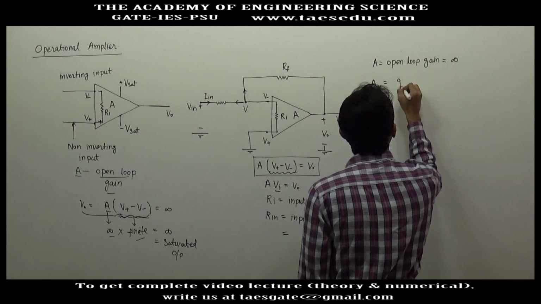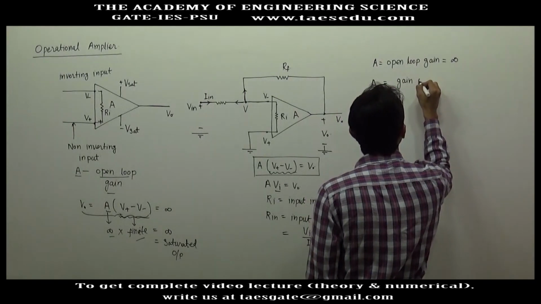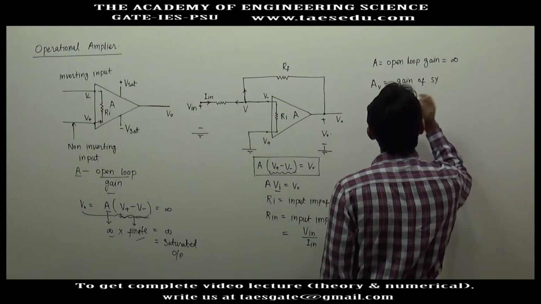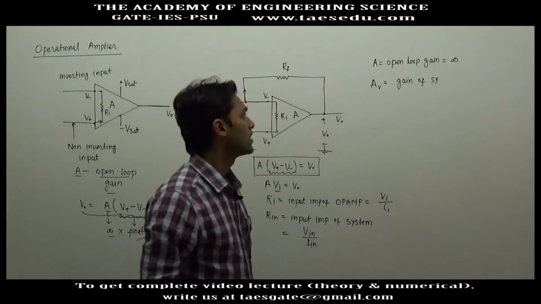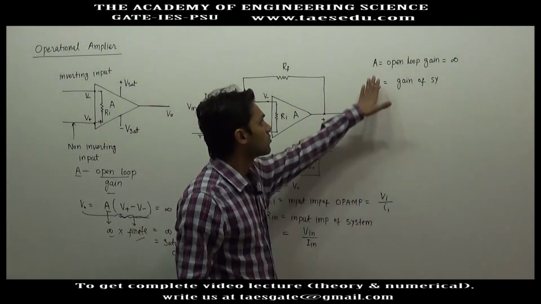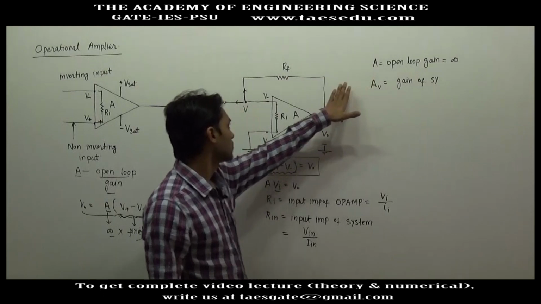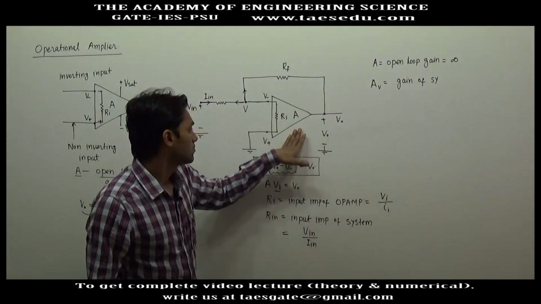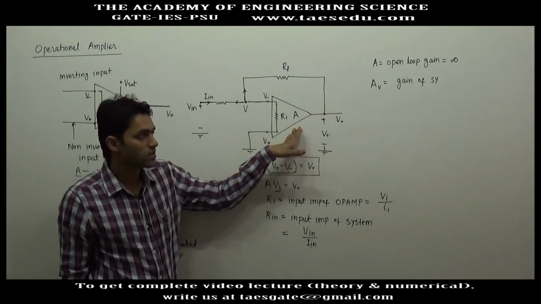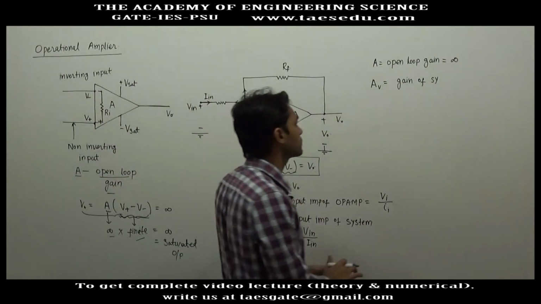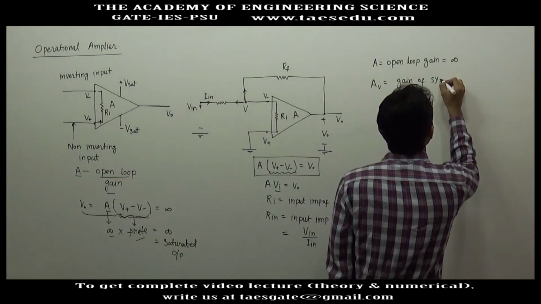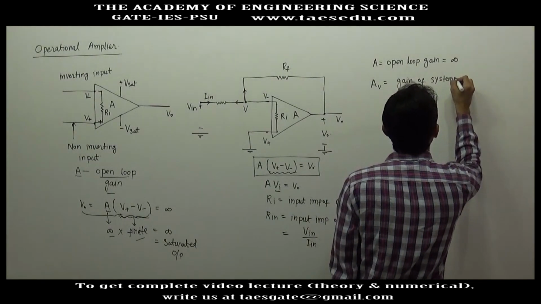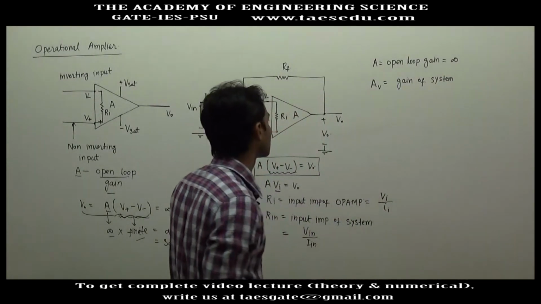This will be the gain of the system. As we will derive, it is not necessary that the gain of the system will be equal to the gain of the op-amp. This is not necessary. Gain of system.